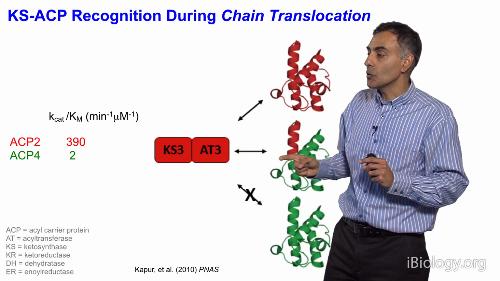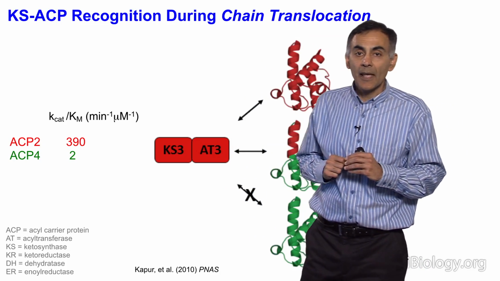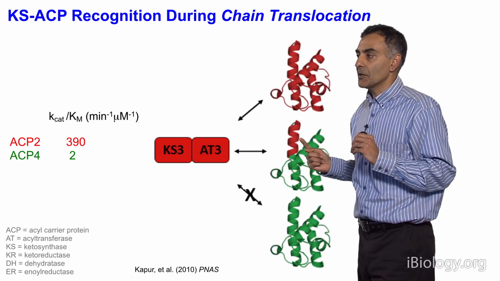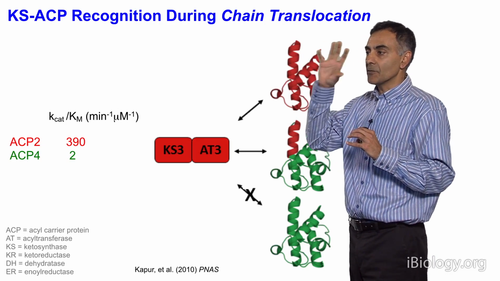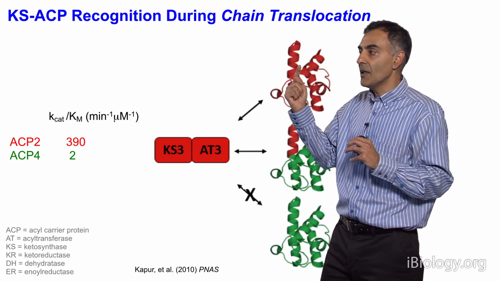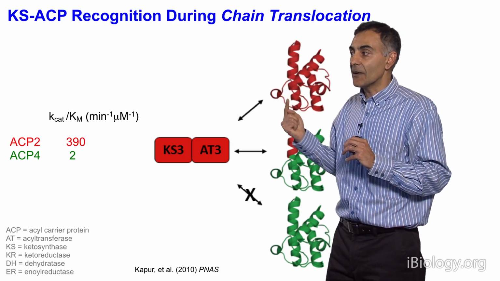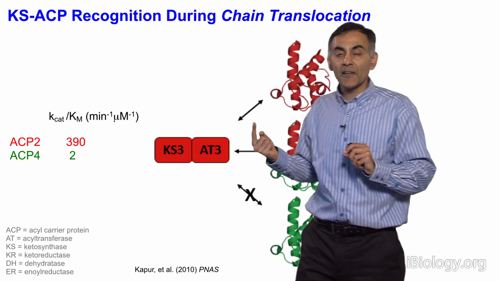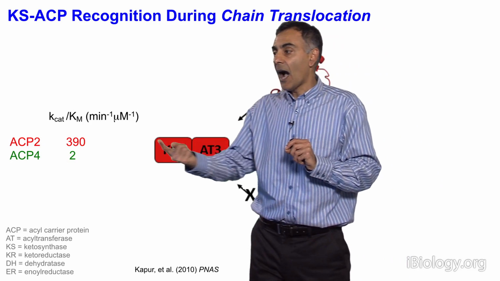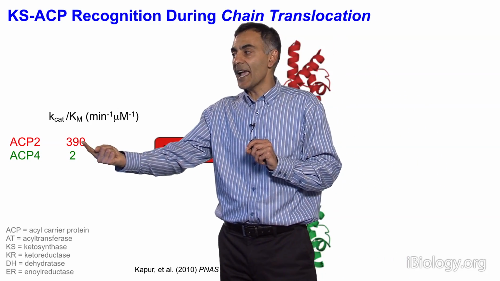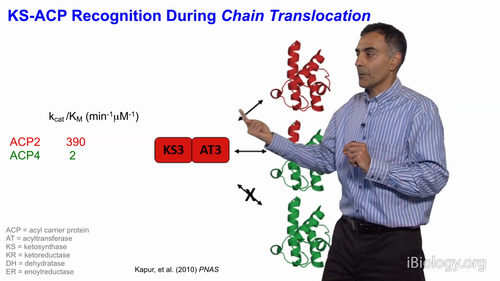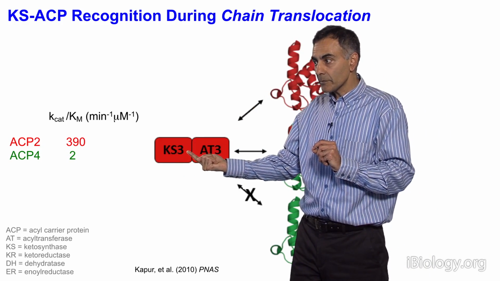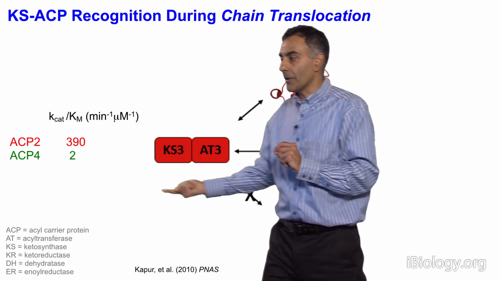We now know through work of Chaitan Khosla and others in my lab what the basis for this is. So it turns out that these carrier proteins, which are helical proteins, have different helices, different portions of this helical protein that dictate specificity at different events. How do we know that? So you can take this red carrier protein that talks to this red acceptor module, replace it with the green carrier protein.